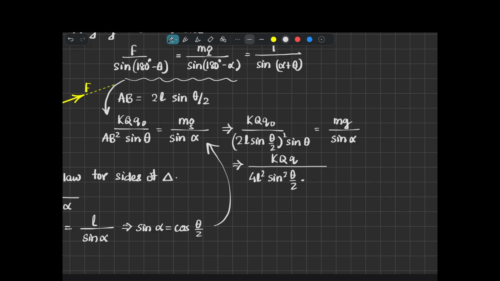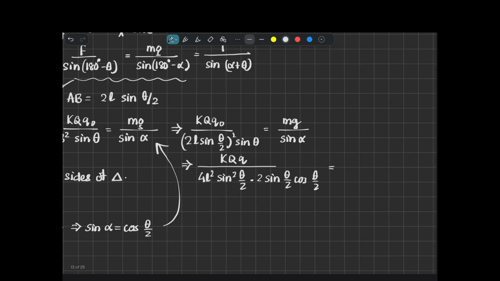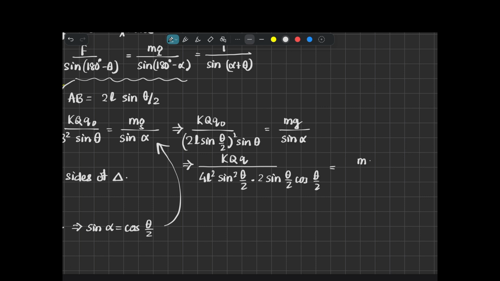Now sine theta I am opening again as 2 sine theta by 2 times cos theta by 2, and this is equal to mg by sine alpha. But now only we got to know sine alpha equals cos theta by 2. So this cos theta by 2 and sine alpha term cancel.